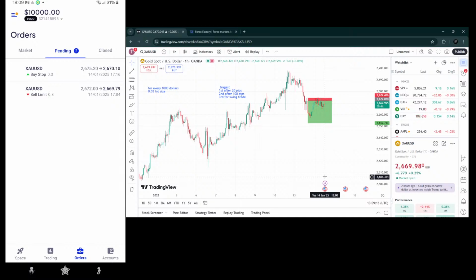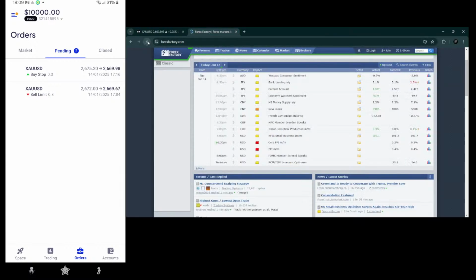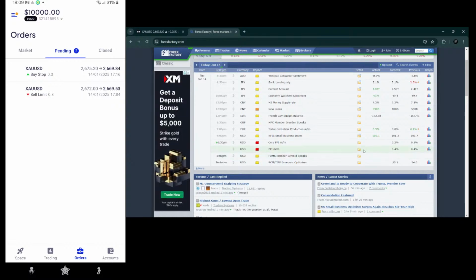You can wait for the next day, because there will be more opportunities and a fresh start for you. After 22 minutes, there are two news releases coming.